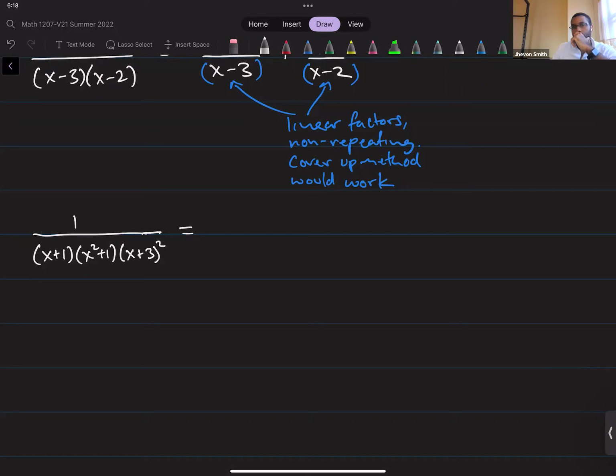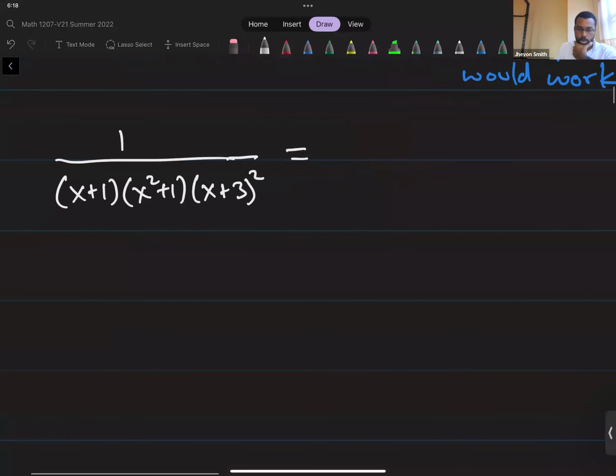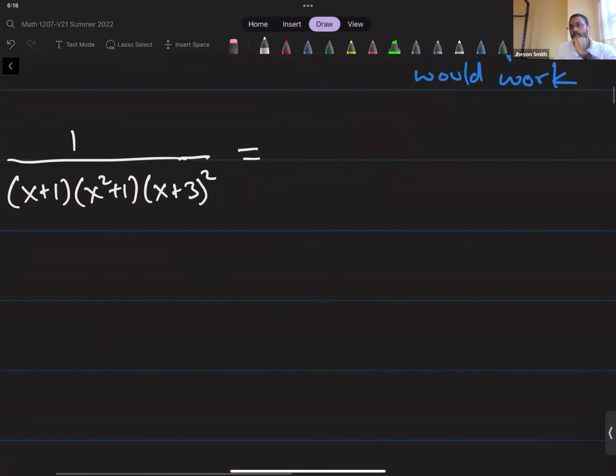Like what would it look like? That's what I'm asking. Based on what we covered yesterday, what would this breakdown look like?